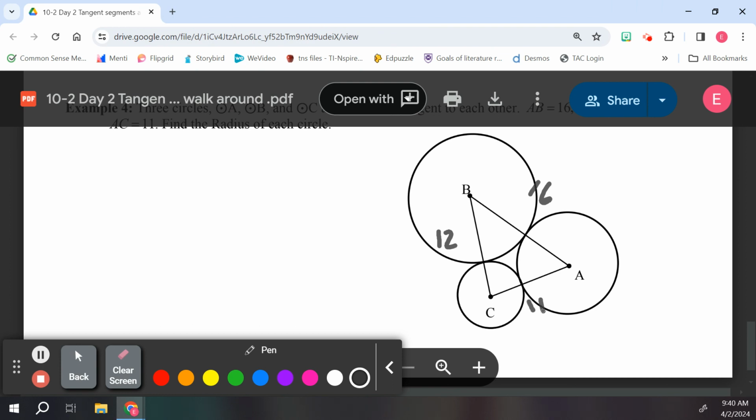So here's our sides. Now, one thing we know is all radii are congruent, right? And each circle has two radii coming off of it to create this triangle. So this and this are congruent. This and this are congruent. And this and this are congruent.